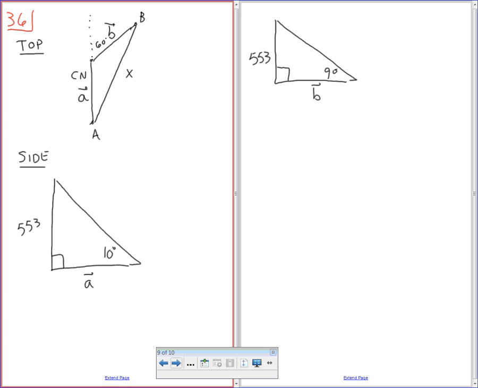Okay, so as far as A, I'm going to say that tan A equals 553 over 10.